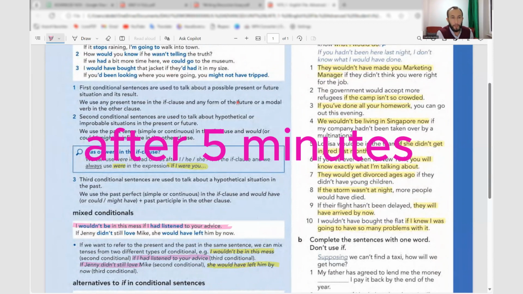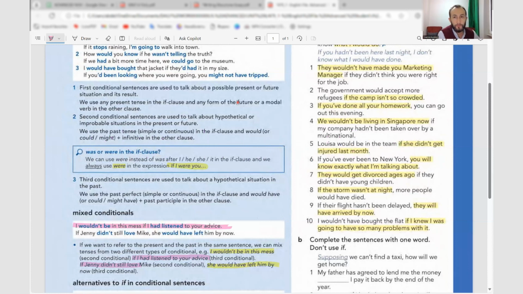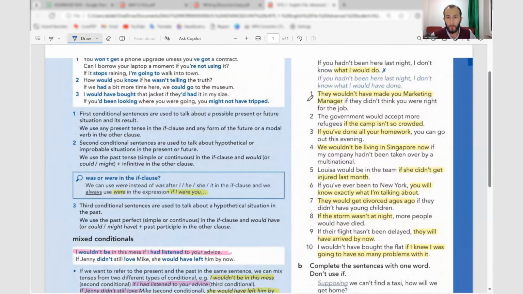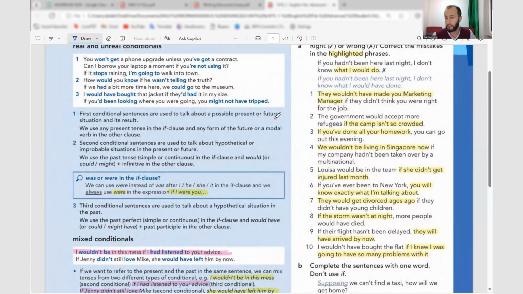Okay, number 1. What do you think? I think it's false. Number 1, it's true, yes. What kind of conditional is this?